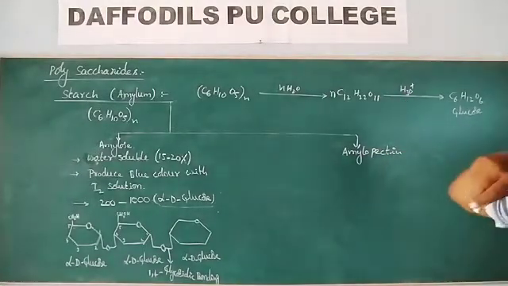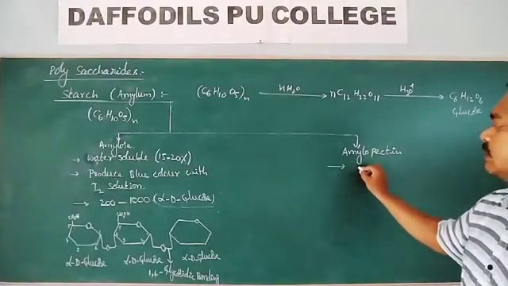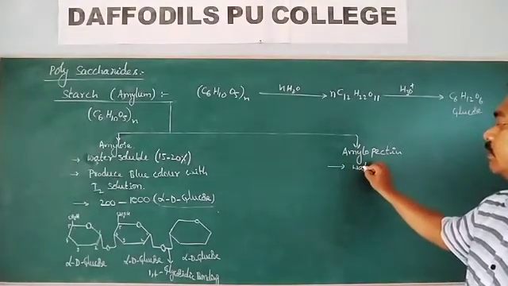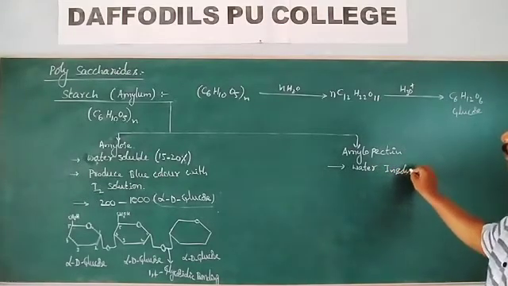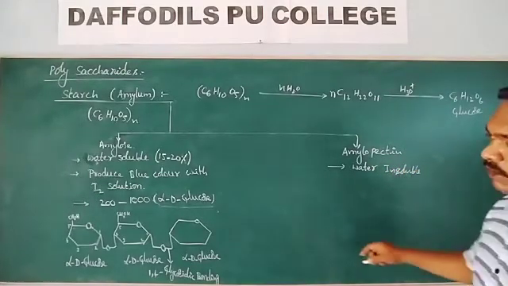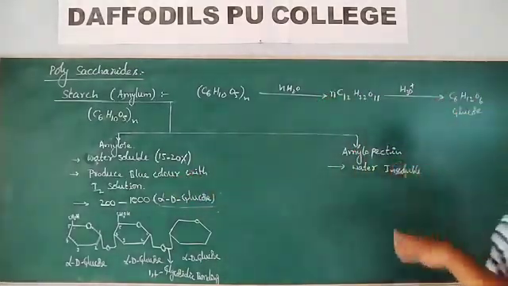Now look at amylopectin. This amylopectin is water insoluble. Another point is that amylose is digestible and this is non-digestible.